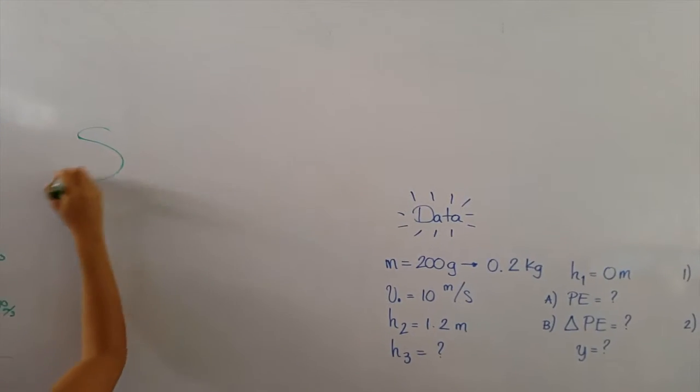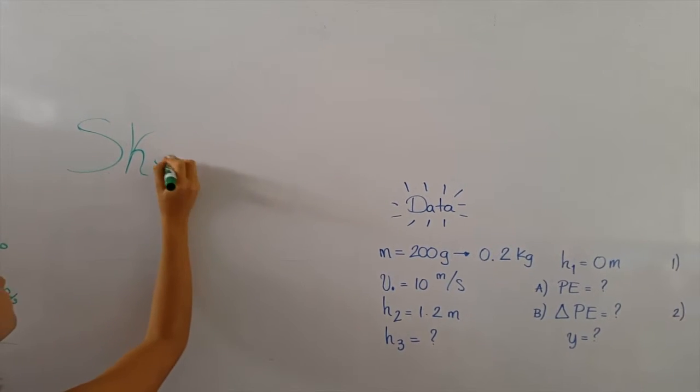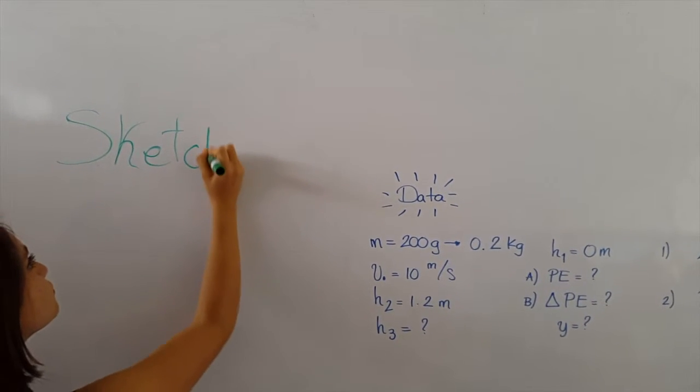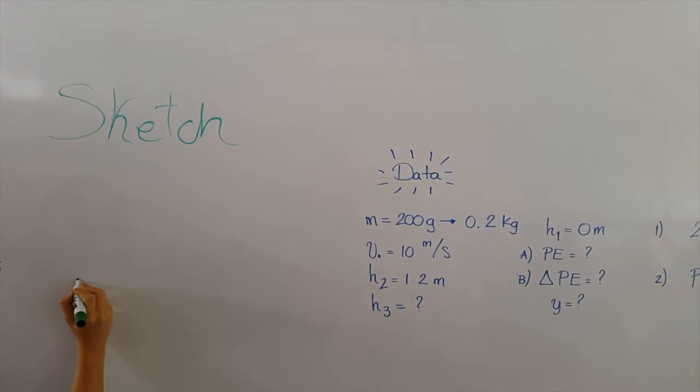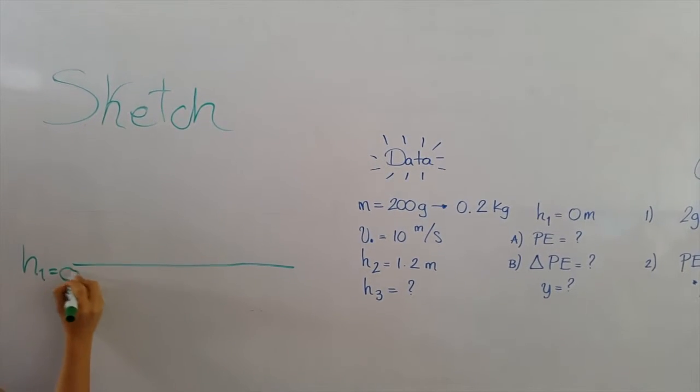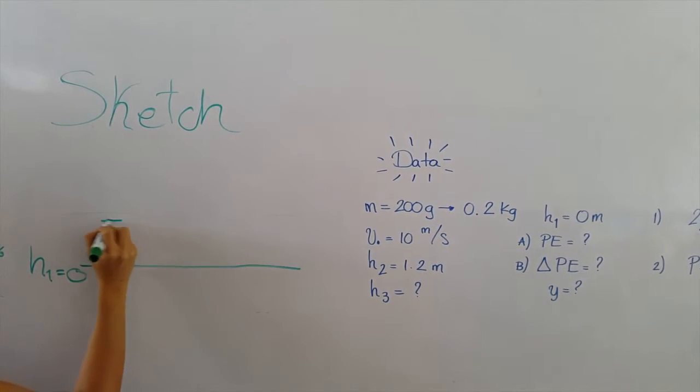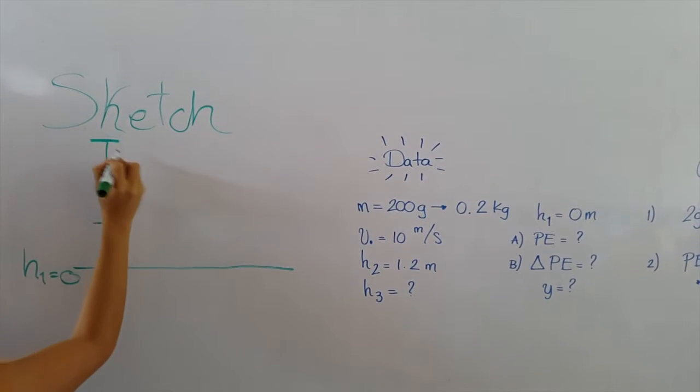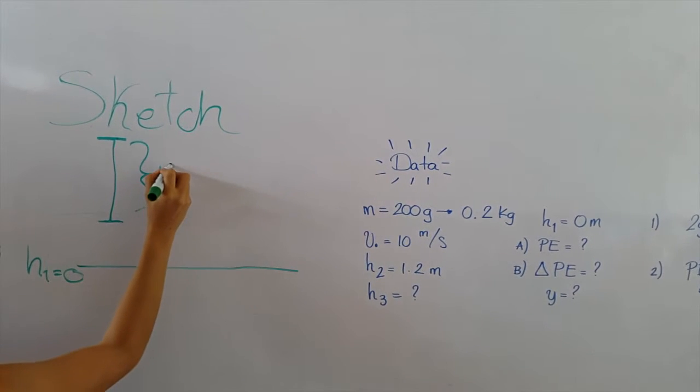So here's our sketch. We draw first the initial height, which is 0 meters. And then this is y, a distance we have to get in order to get the maximum height.